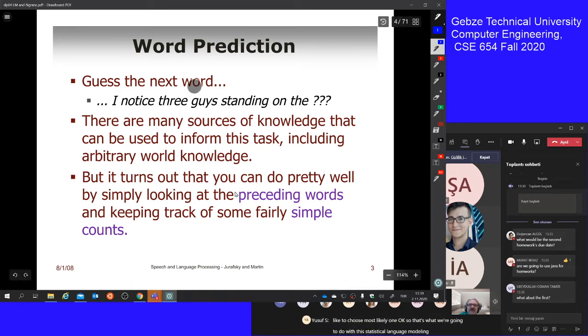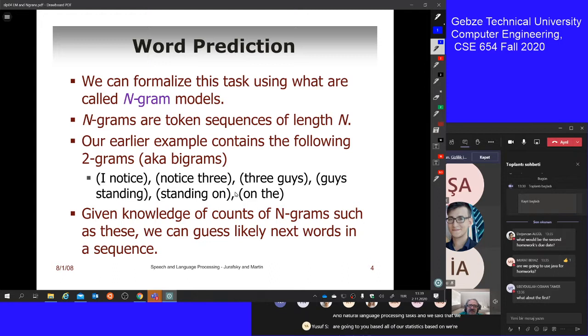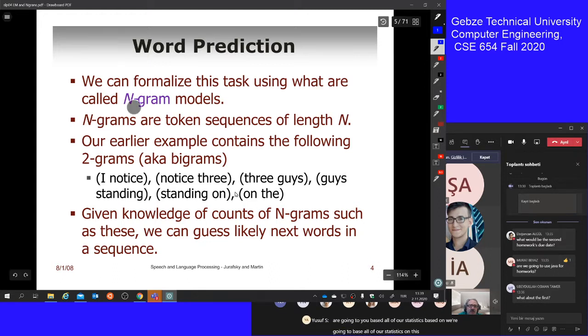Okay, guessing the next word. Once you do that, it is going to be a very powerful technique for us to use in many natural language processing tasks. And we said that we are going to base all of our statistics on this new concept of n-grams.